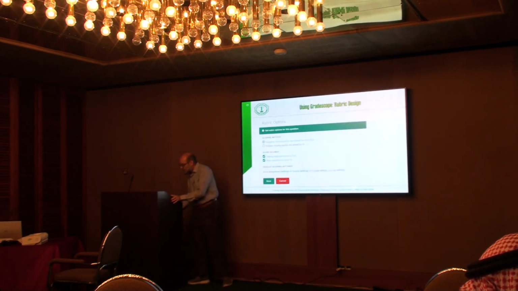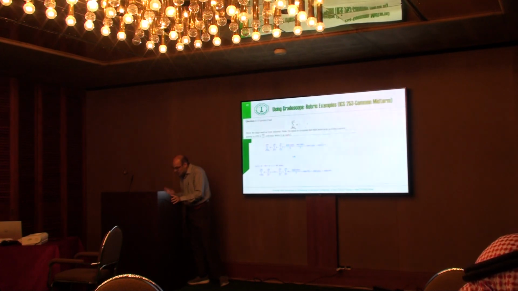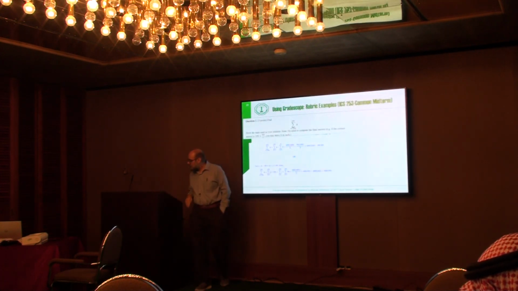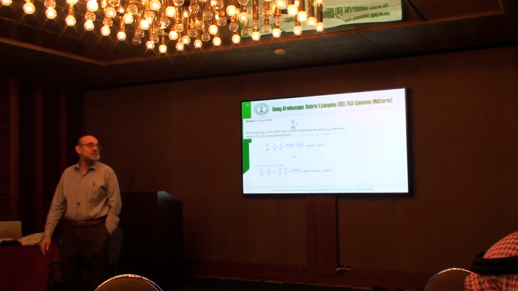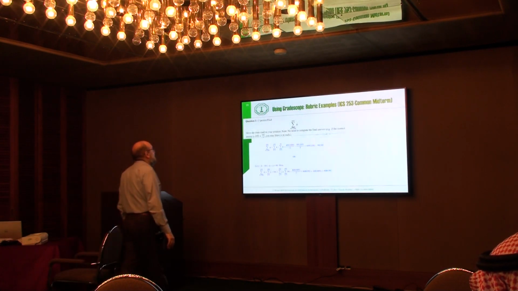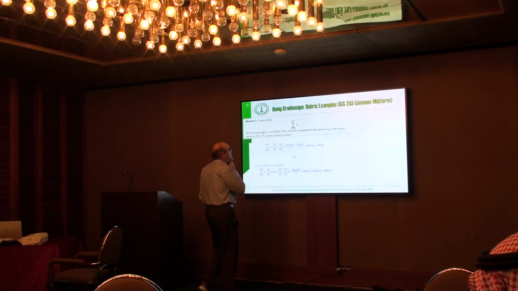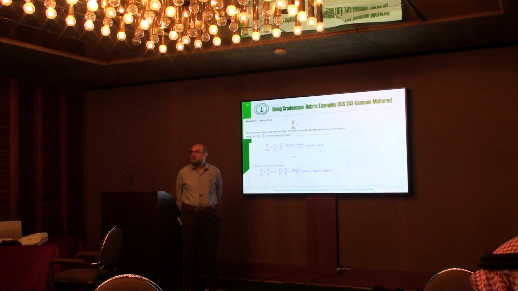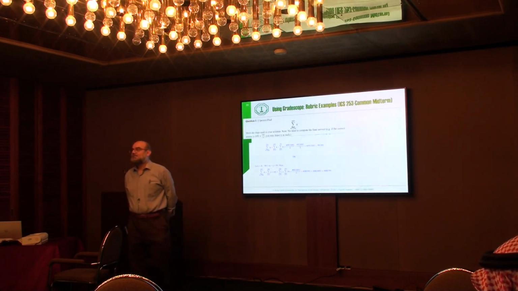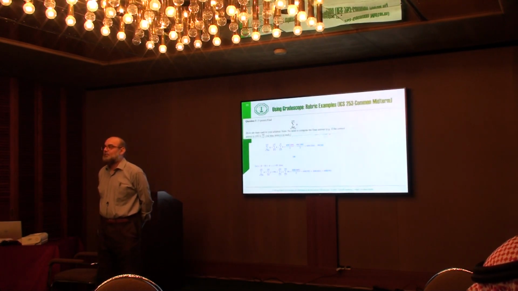Okay, so now let's look at this question. This is a question and this is an answer, and I would like to give you a couple of minutes to see what set of rubrics you can give me.